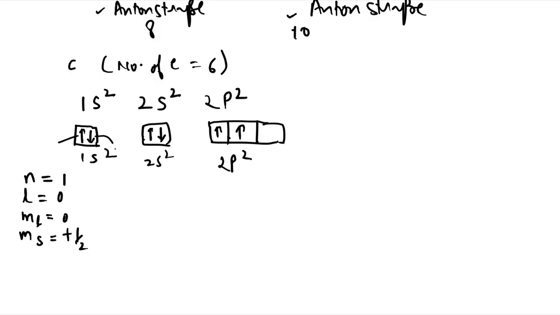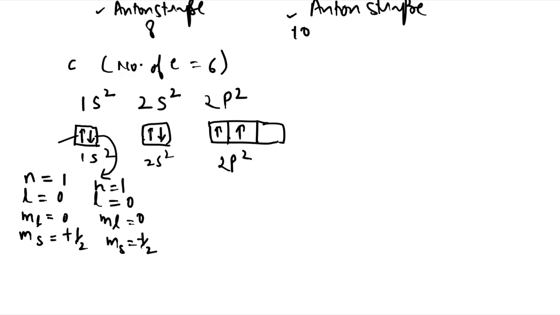Whereas for this electron, n is again 1, l is 0, ml is 0, but ms in this case would be minus half. So you can see that both electrons have a different set of 4 quantum numbers. Even though the first three were the same, the last one was different.